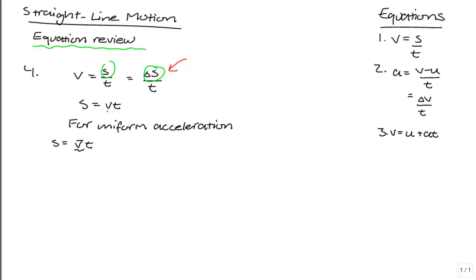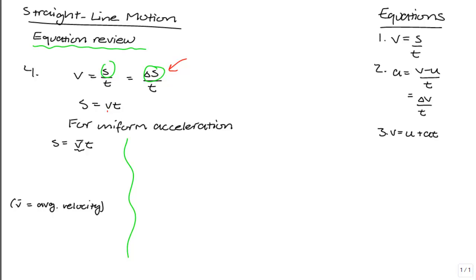So just make a note, v bar is equal to average velocity. So s is equal to average velocity times t. So the displacement of an object is equal to the average velocity of the object times the time over which that average velocity occurred.